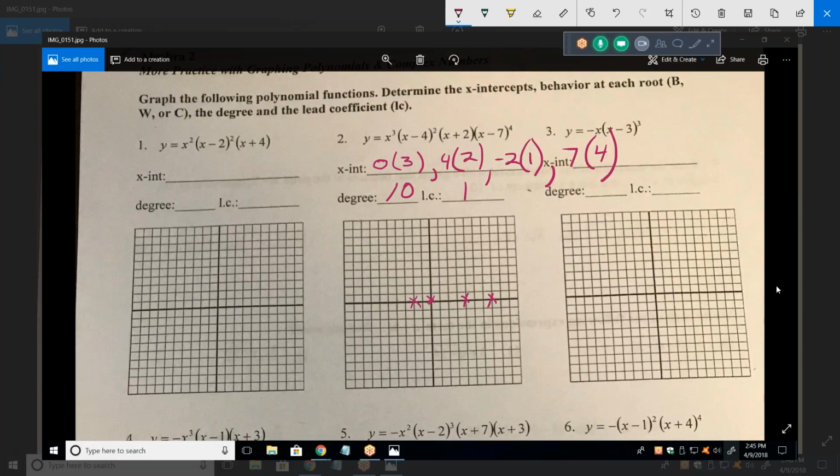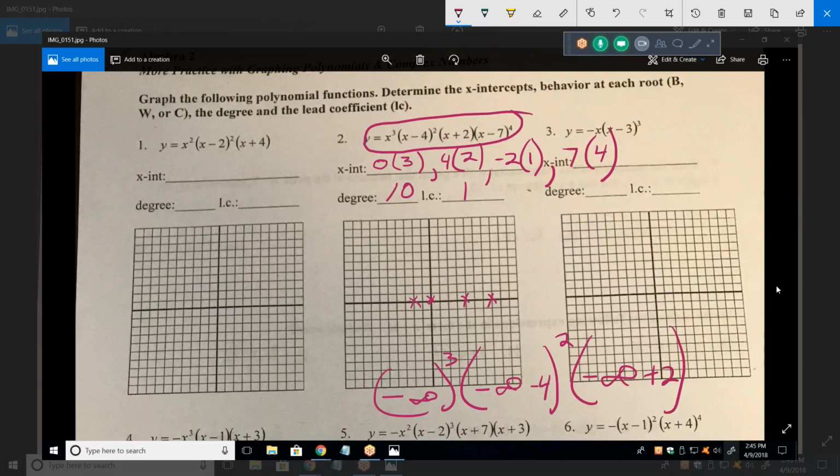So let's do negative infinity, because that's always as x approaches negative infinity. So as x goes to negative infinity, what happens to this function? I'm going to draw it down here. Here, I'm just going to substitute, and this is the way to do it. You see what I'm doing, right?